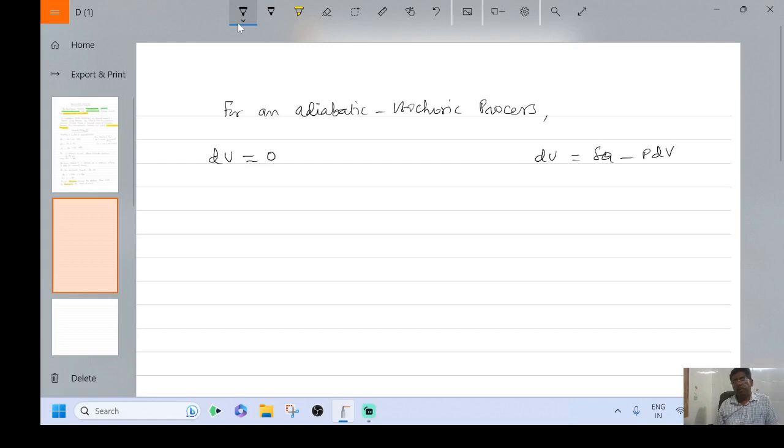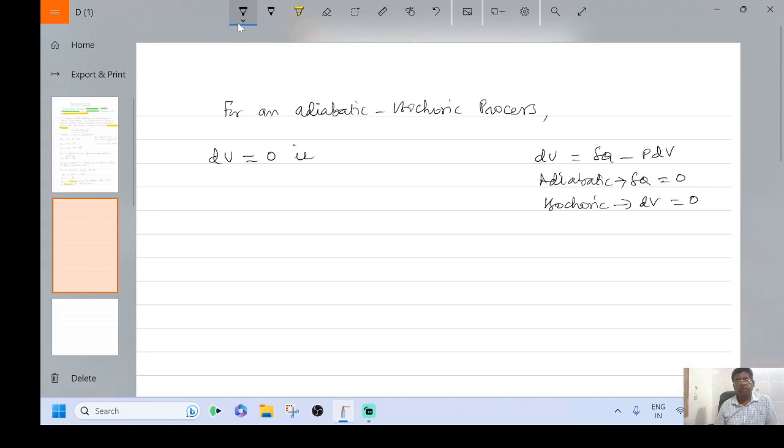For an adiabatic process, adiabatic means del Q equal to 0. Isochoric, dV equal to 0. Therefore, dU equal to 0. For an adiabatic isochoric process, dU equal to 0.